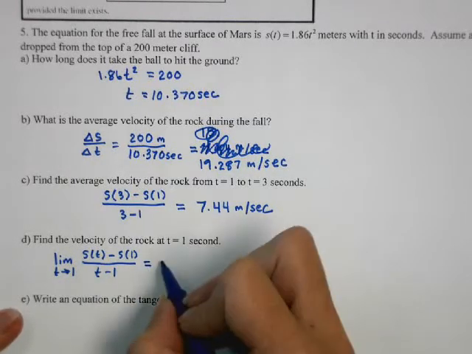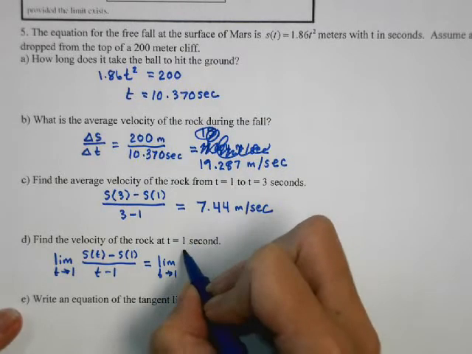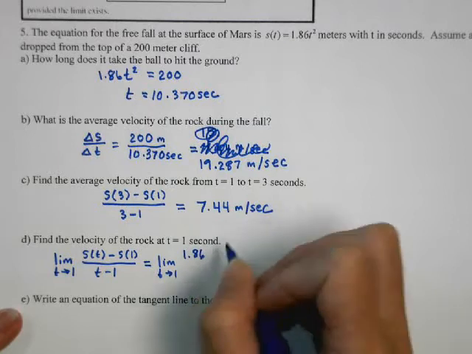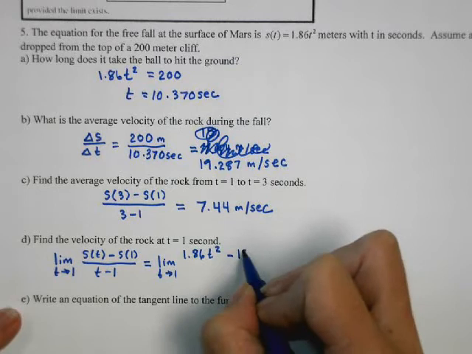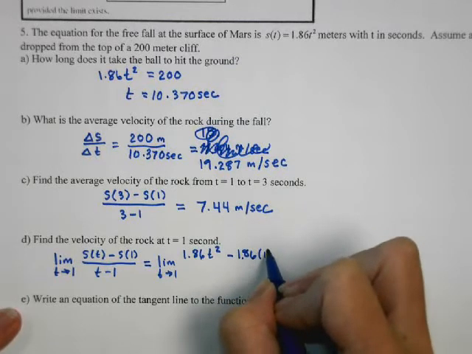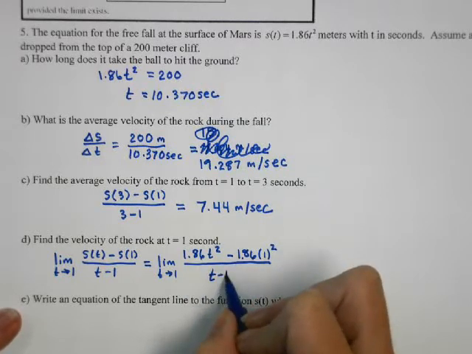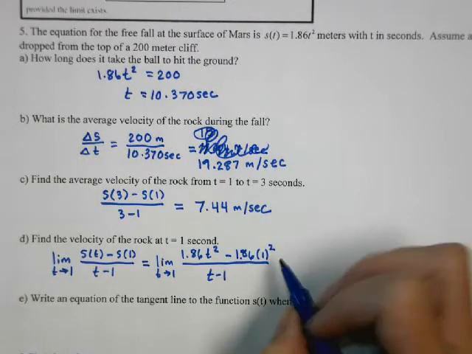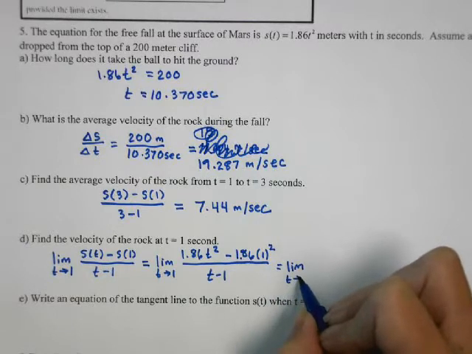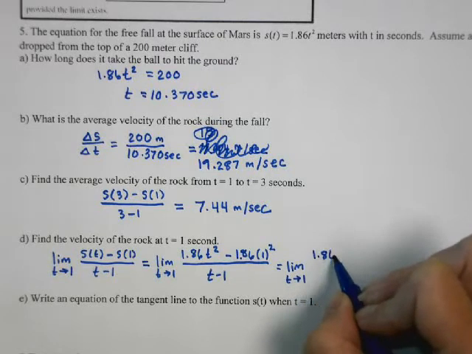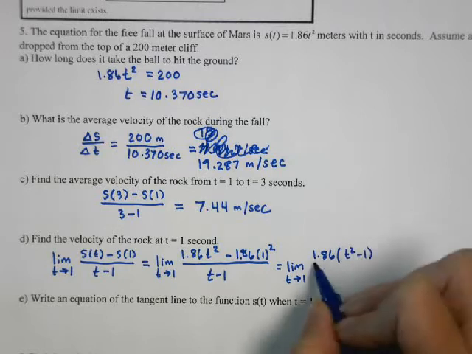So as t goes to 1, s of t is 1.86 t squared. S of 1 is 1.86 times 1 squared, over t minus 1. I'm going to factor here. I'm going to factor out the 1.86, which leaves me with t squared minus 1.